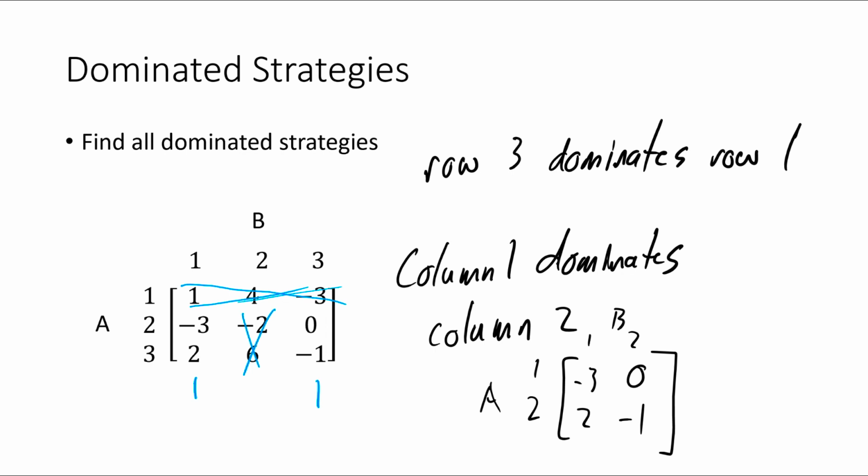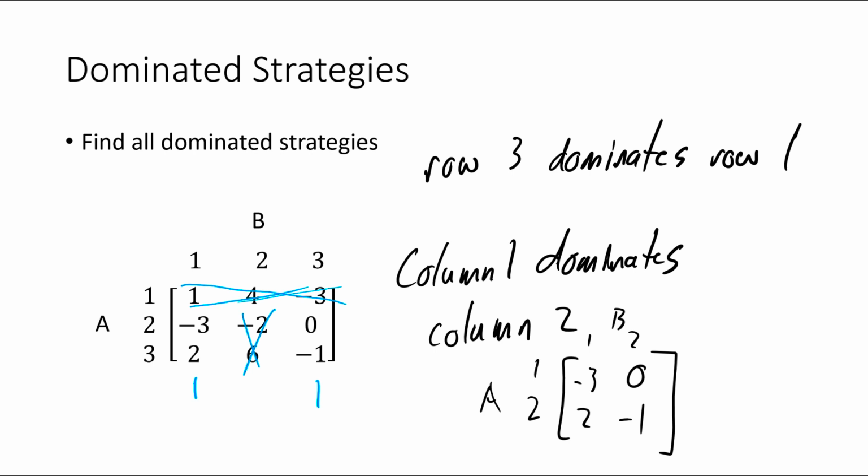Now, technically, since we started with dominated rows and then switched to dominated columns, we would want to go back to rows and make sure that the removal of that middle column didn't change whether there were more dominated rows. We could do that here. 2 is bigger than -3, -1 is not bigger than 0. So neither row dominates the other. That means we are done.